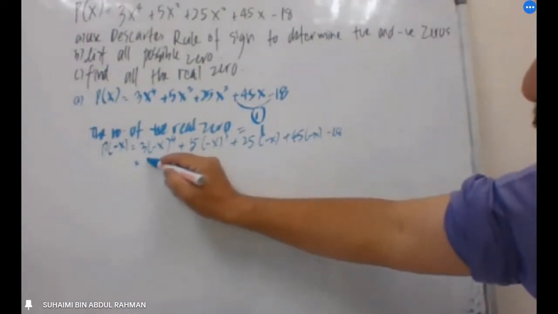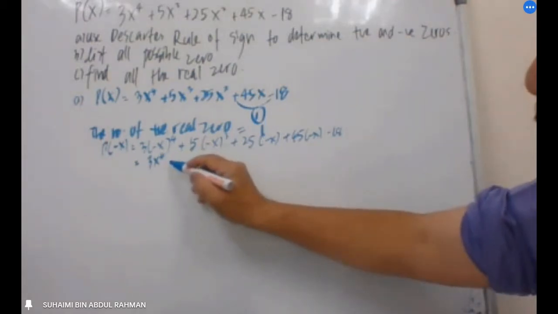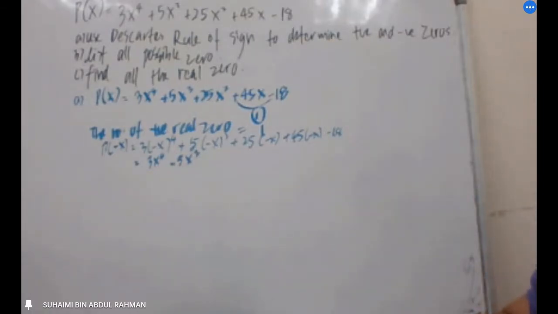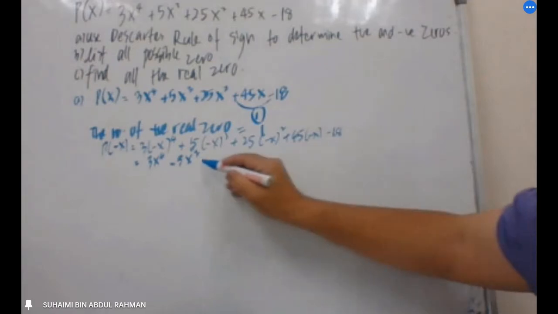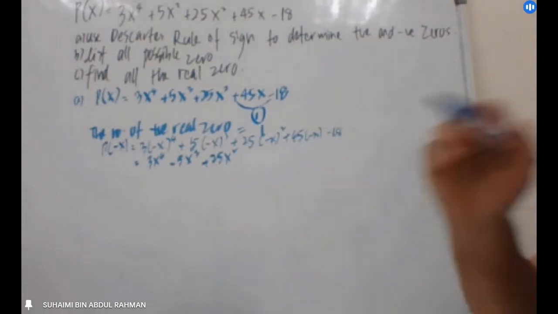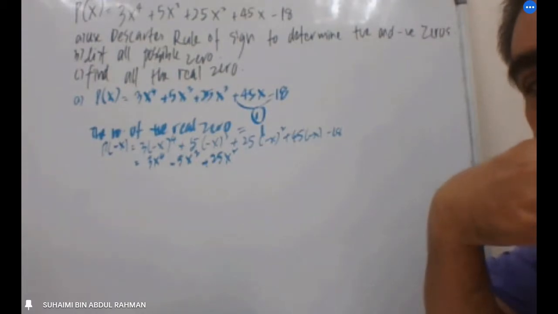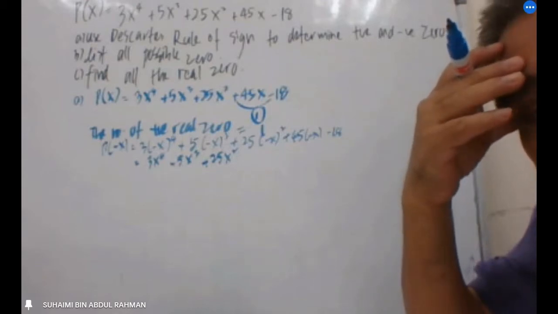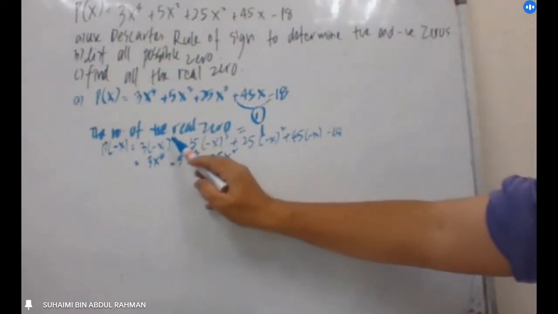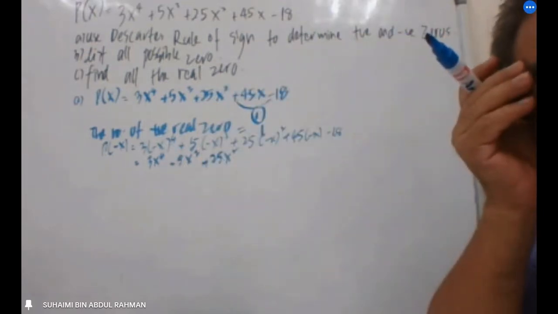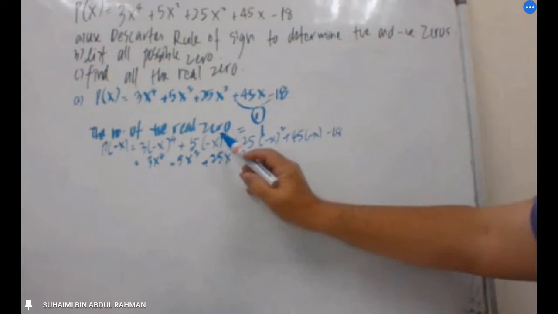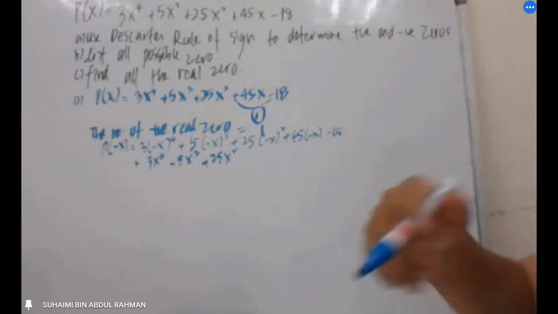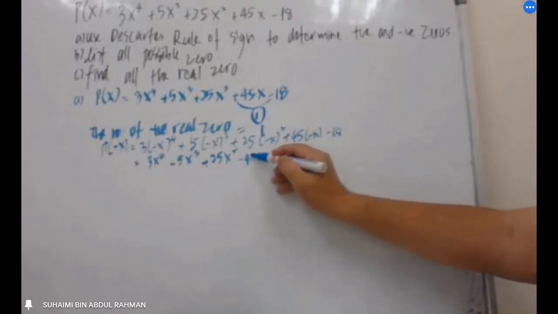Which is 3x to the power of 4 minus 5x to the power of 3, plus 25x squared. You understand why plus, minus, plus? Here minus x to the power of 4 gives positive x to the power of 4, and here the power of 3 stays negative. Minus 45x.